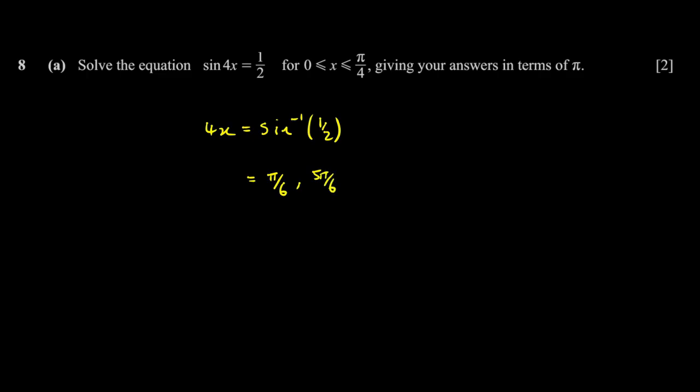And we know that because sine of x is equal to sine of pi minus x by using the property of the symmetry of the sine wave. Okay. So then if we divide both sides by 4, we're going to get pi by 24 and 5 pi by 24.